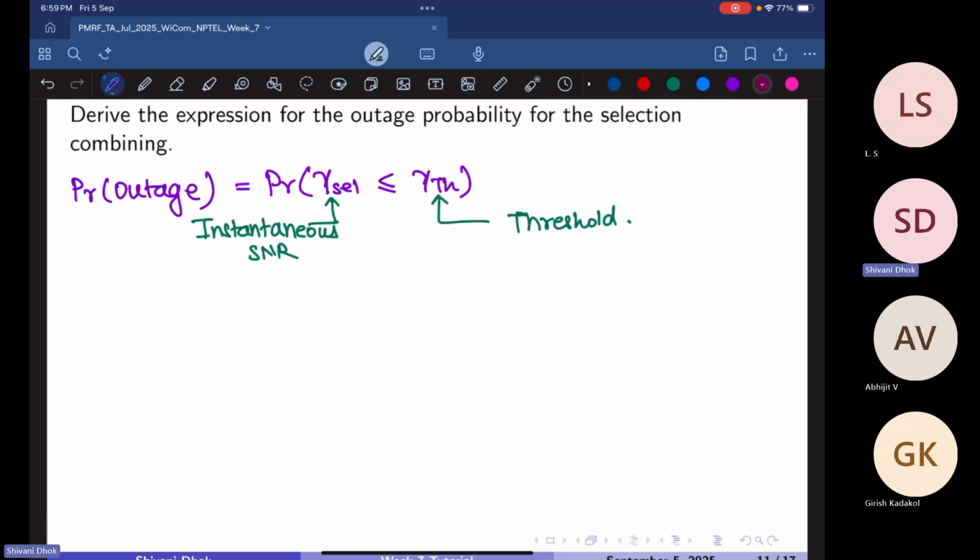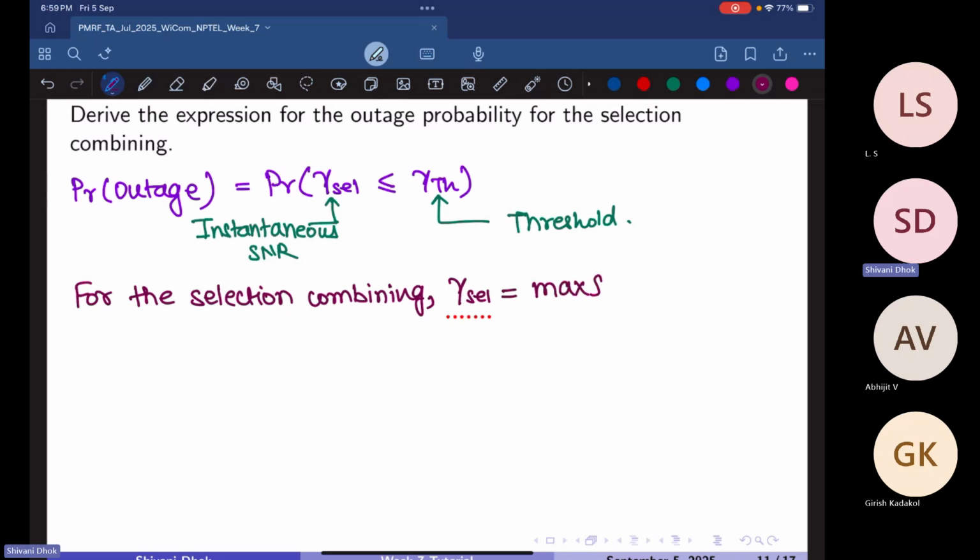So for selection combining, your gamma select, or the instantaneous SNR, is given by the max of the SNRs that are received at all the M antennas, like this.